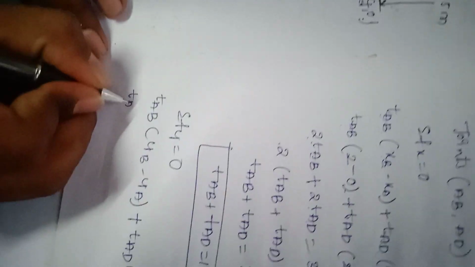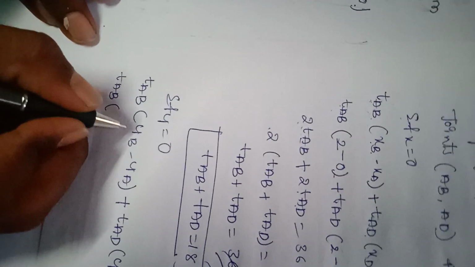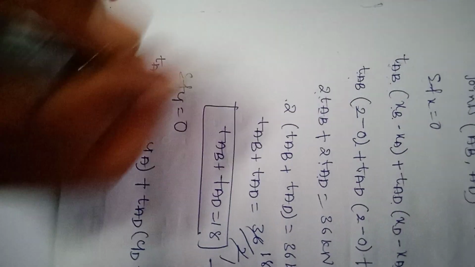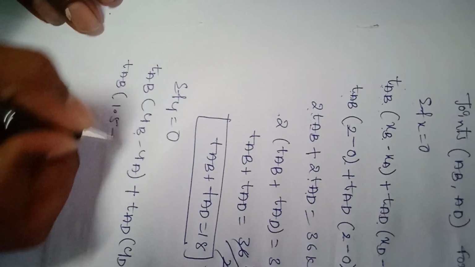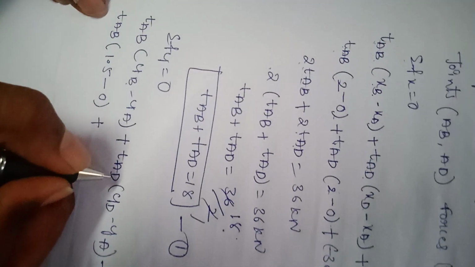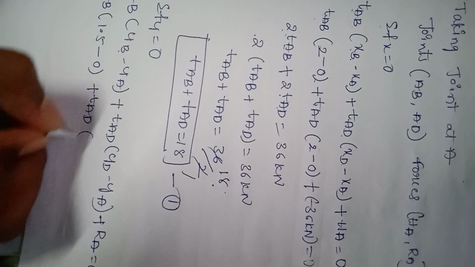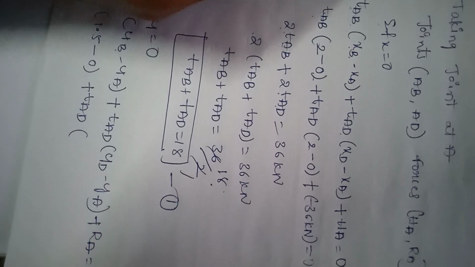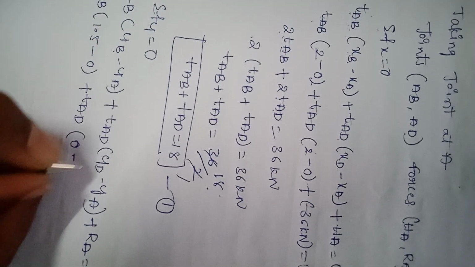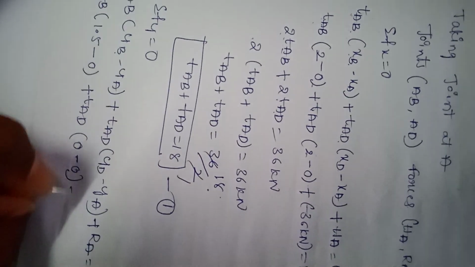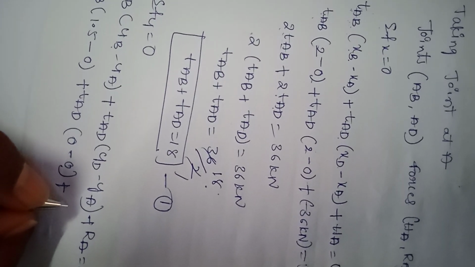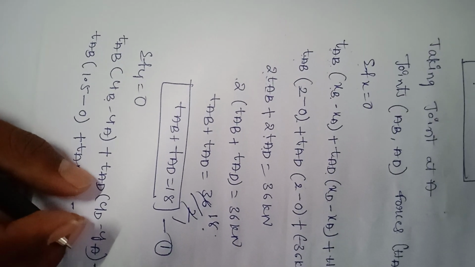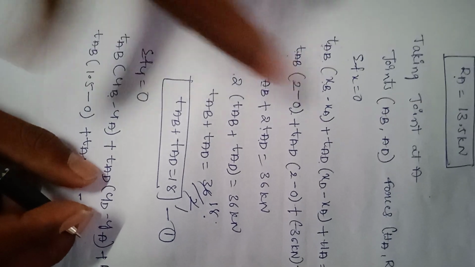Therefore tension in member AB into YB, which is 1.5 minus YA 0, plus tension in member AD, which we don't know, into YD minus YA, which is 0, plus RA, which we got as 13.5 kilonewtons, equals 0.